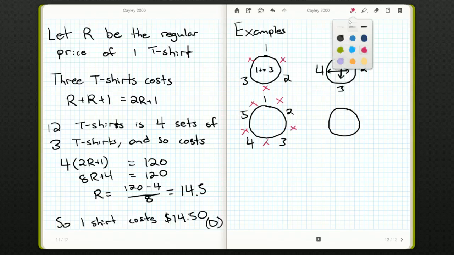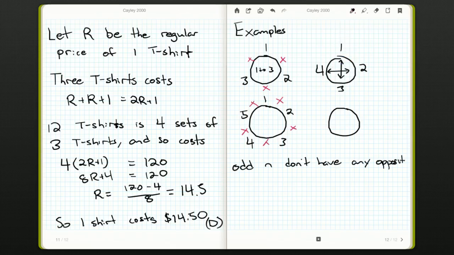So I'm thinking that if n is an odd number, then no number in the circle will have something opposite it.